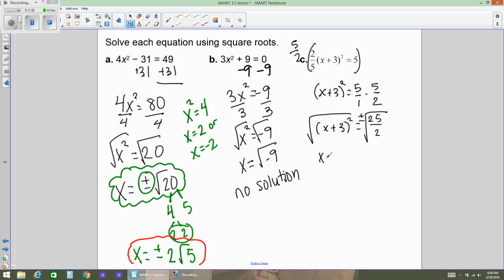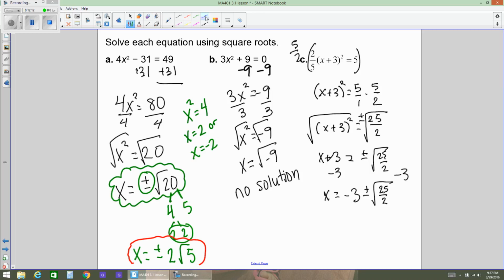So I'm going to get x plus 3 equals plus or minus square root of 25/2. Now we are going to do something with that because mathematically that's incorrect, but let's just continue the problem so we make sure you have the basic understanding of the skills here. We're going to subtract the 3 from both sides in order to solve for x. So I get x equals -3 plus or minus the square root of 25/2.